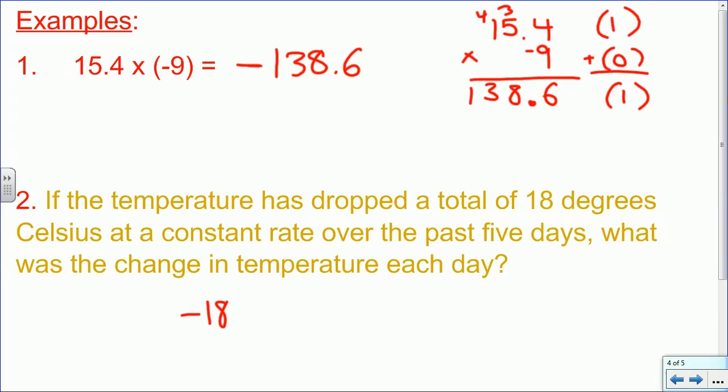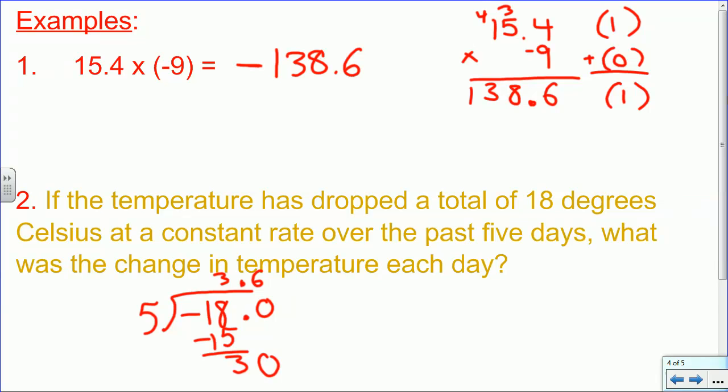What was it each day? How can you change 18 degrees over 5 days? If we split up that total change, if we divide by 5, what's our answer going to be? 5 goes into 18 3 times. That would be 15. Subtract, and we get 3. We want an exact answer, so I'm going to add a decimal place and ask, how many times does 5 go into 30? That's 6 times.